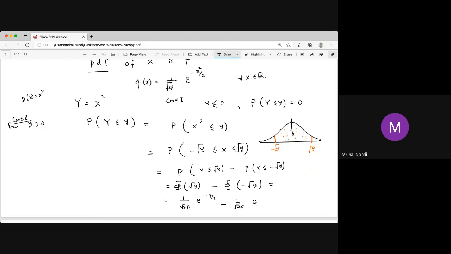You just put the 0 here. So this total area is nothing but 2 times the area of capital phi of root y minus half.